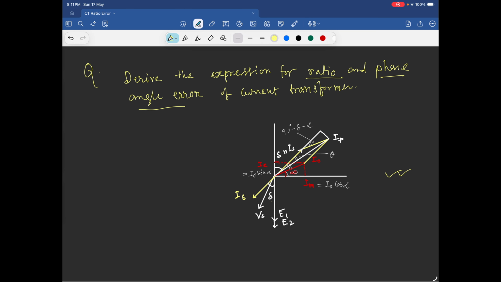What is delta? Delta is the angle between secondary current IS and induced voltage or EMF E1 or E2.